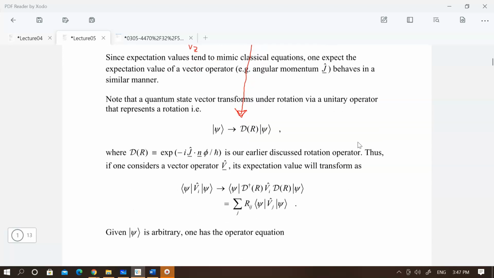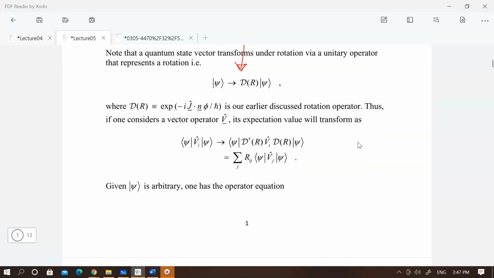Okay, so your expectation value should behave the same way as you expect for the classical case. If you rotate the basis, then your expectation value will also be rotated in that sense. But this is with respect to an operator that should have a specific behavior under rotation.